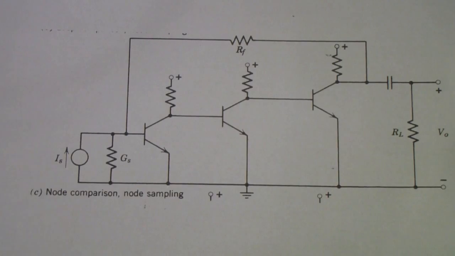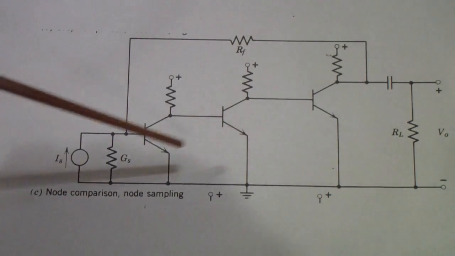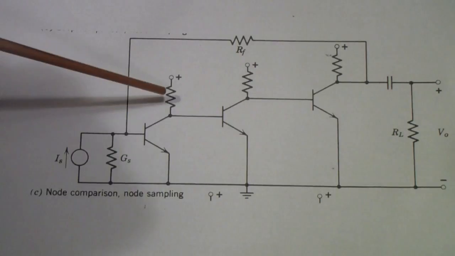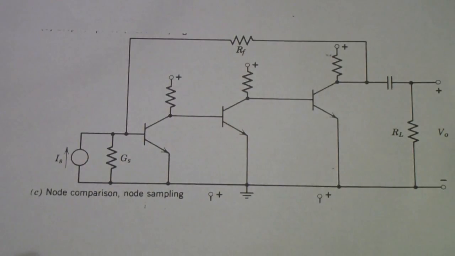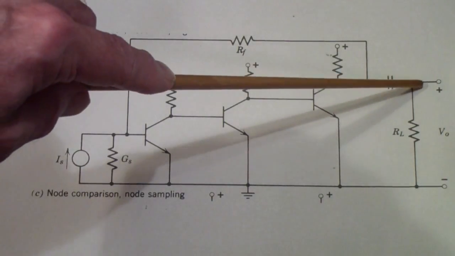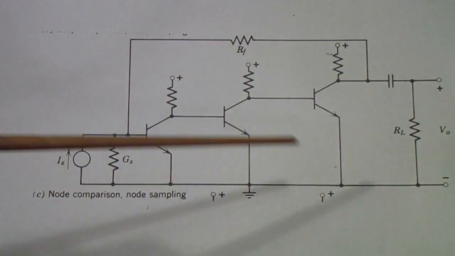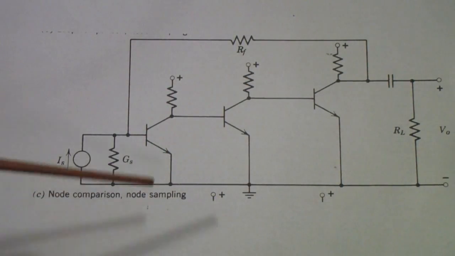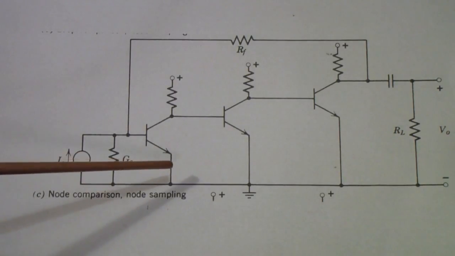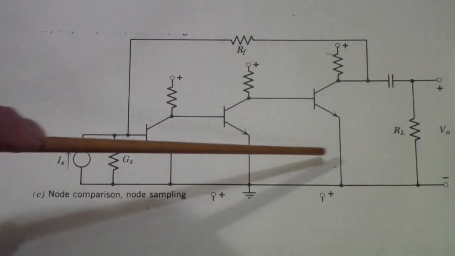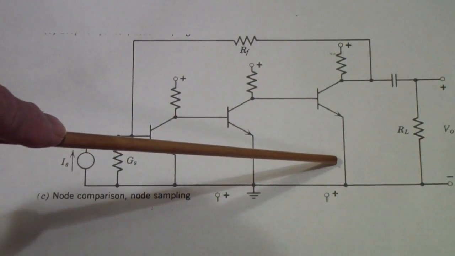In this circuit, this is a 3-transistor amplifier. These are the load resistors for each stage. This is the input. The output is developed across this load resistor, very much like the circuit we just saw. However, notice that in this case, there's no emitter resistors.